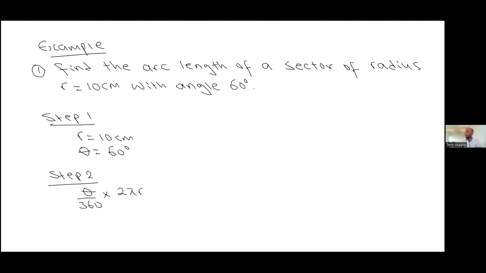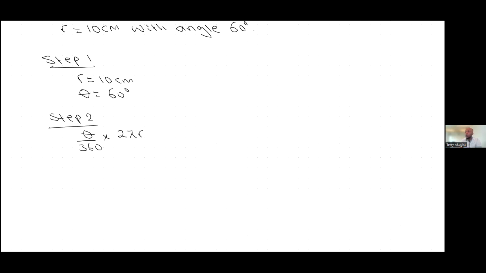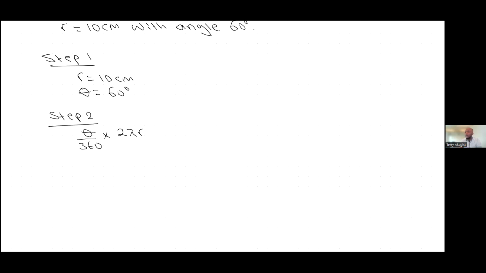So theta will be 60 divided by 360 multiplied by 2 times pi times, what is the r? The r we have is 10.